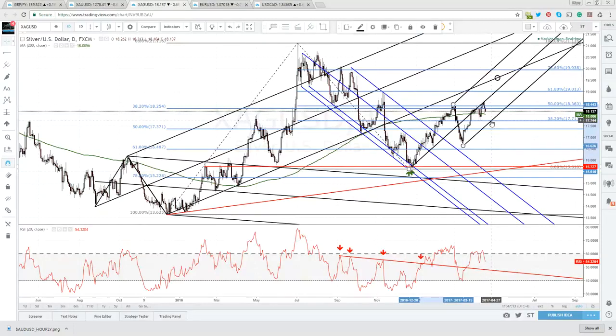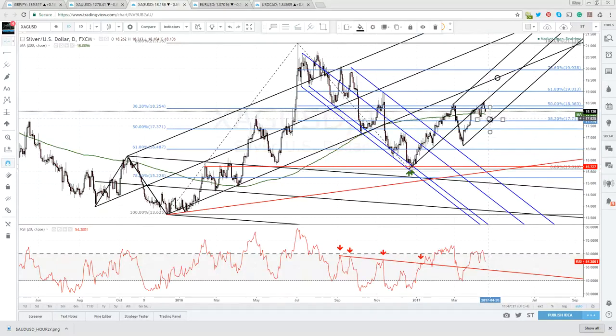Now we've got to get to the lower parallel, so a little bit below 18. Yeah, this would be a really good spot, actually. Go long.